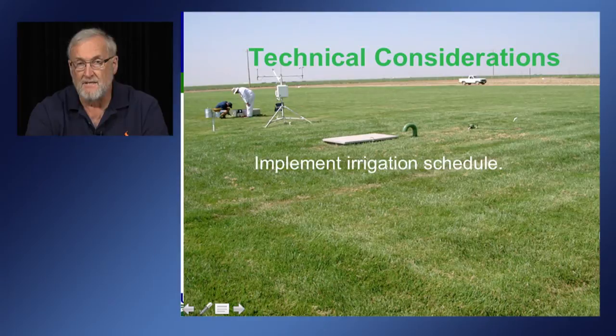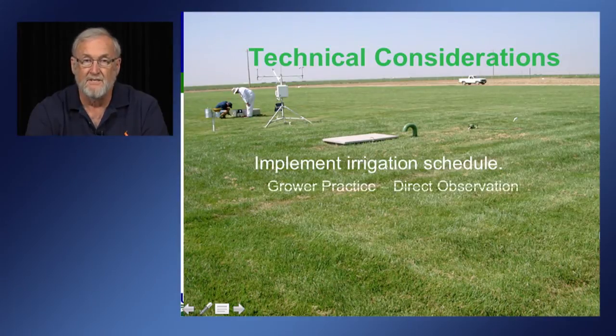One of the first things, then, is to implement an irrigation schedule. One of the first things we talk about is what the grower practices. There's a lot of research that goes on about scientific methods, but the reality is most growers have a way of doing it. In the various polls I've seen, the technique that's frequently used is direct observation.